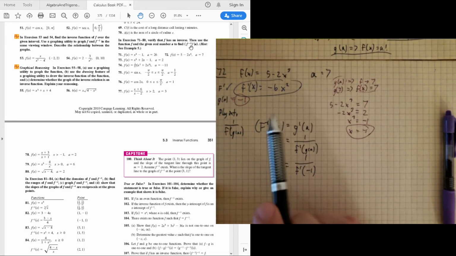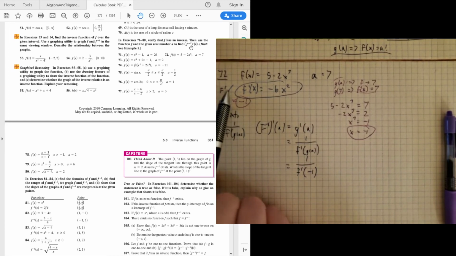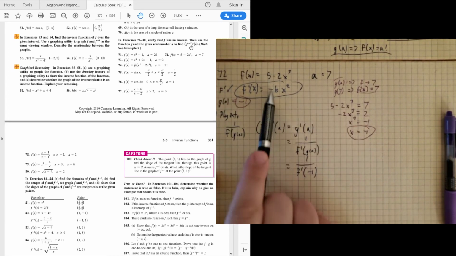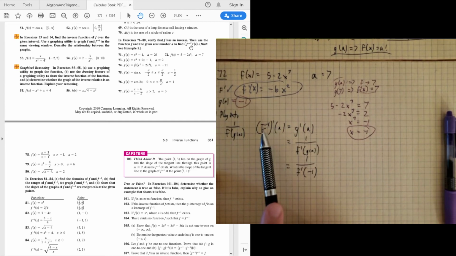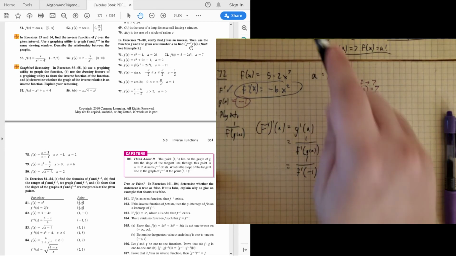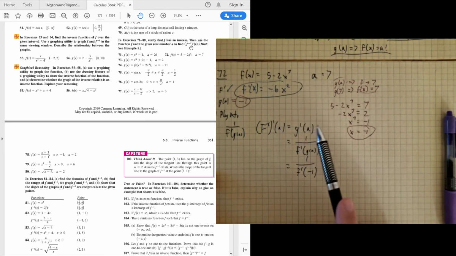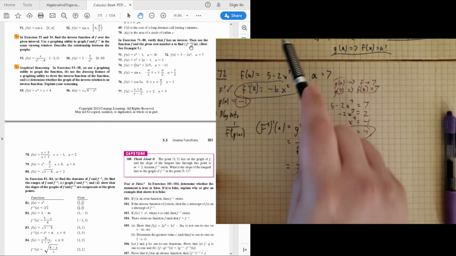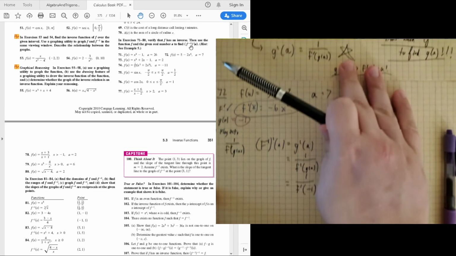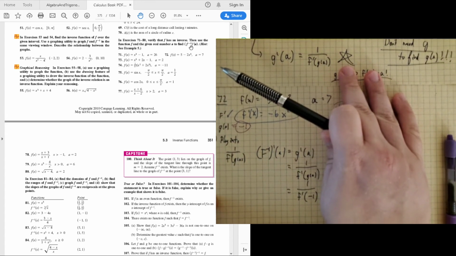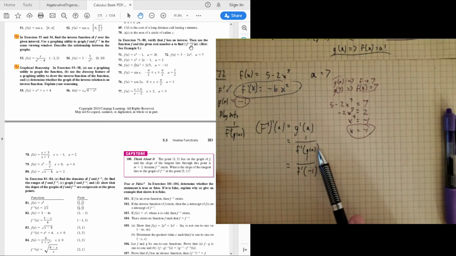So, again, notice how I read through this problem. I need to find f prime, I need to find g of a. I did those 2 steps. Now, I have to recognize that f inverse prime of a is just g prime of a, according to our theorem. Then I just plug in, well, what's g prime of a? G prime of a is 1 over f prime of g of a. So I plug it in. Well, I know what g of a is. G of a is negative 1.